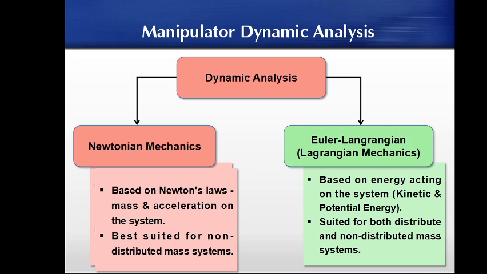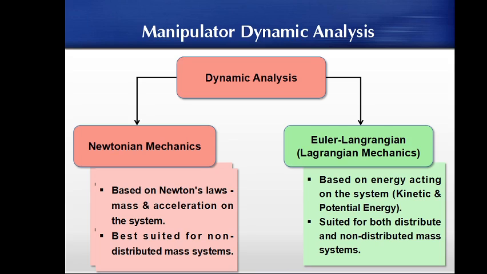So it is widely used for robotic manipulators, because in some cases we may have a robotic system with distributed mass, and in some cases with non-distributed mass. So in general, for both these systems we can use Lagrangian mechanics. But if you look at the complexity, it seems to be much more complex for simple systems when compared with Newtonian mechanics.